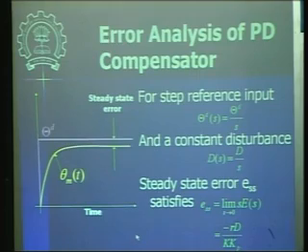If you do the analysis using Laplace domain tools, we know that the steady state error will be given by the limit as s tends to 0 of s times E(s). E(s) is the expression for error which we derived previously. If we plug that in here, the steady state error we get is of this form.